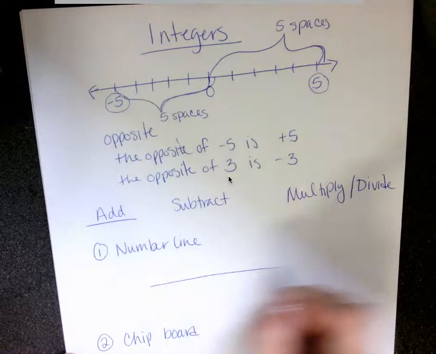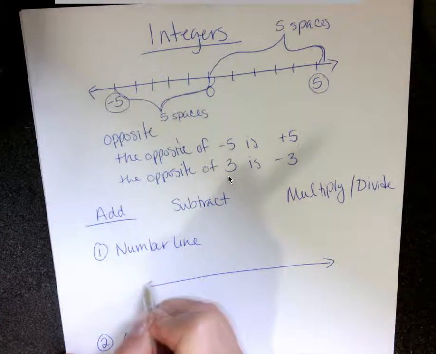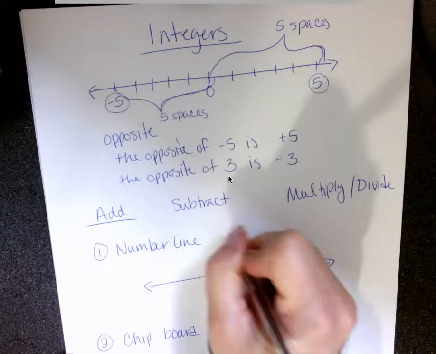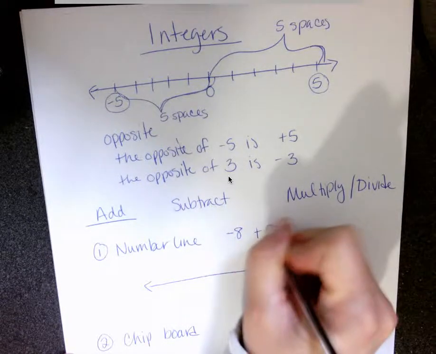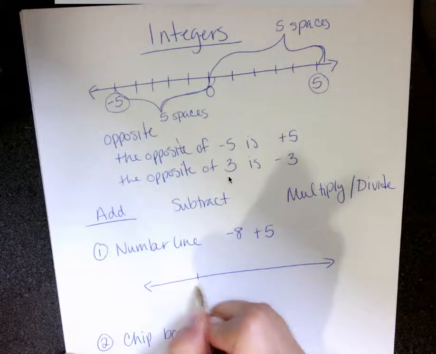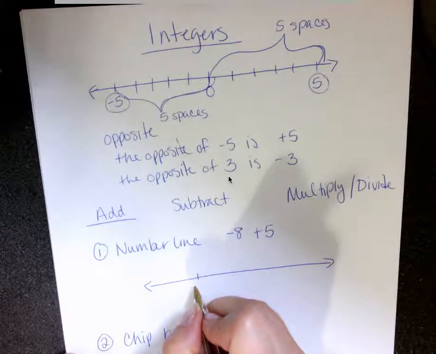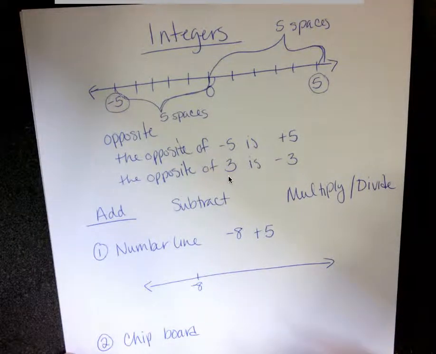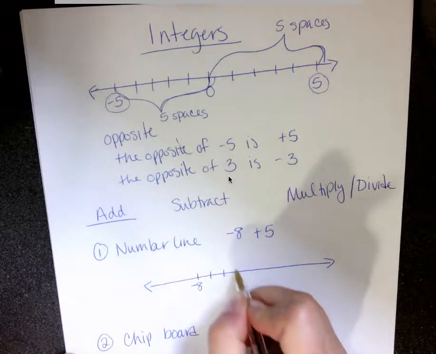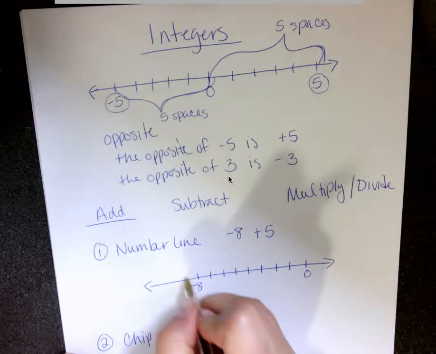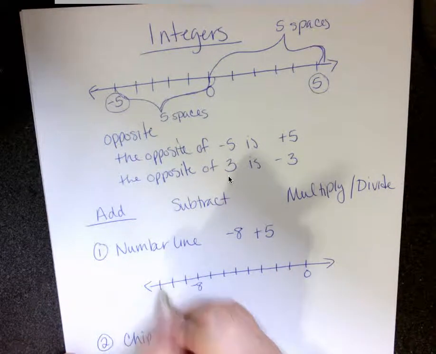So on a number line, if I wanted to add -8 plus 5, okay? So I find my -8 on a number line. You can draw any number line you want and start with whatever number you want. If I start with -8, 7, 6, 5, 4, 3, 2, 1, 0, -9, -10, -11, right?